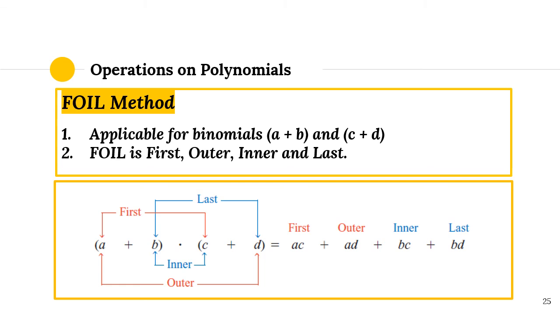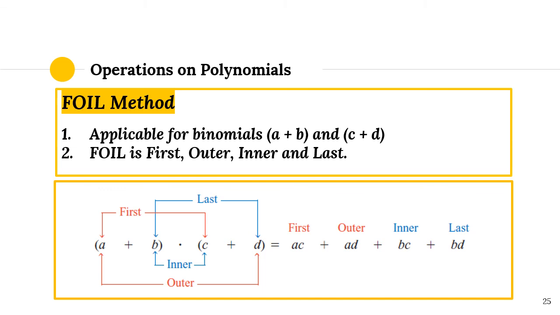In this example that we have, the first are the first terms. So we have a times c, and then plus we have outer. So the outer is a and d, ad, plus the inner, b times c, plus the last terms, b times d. This method is supposedly powerful in allowing you to mentally compute for the product of two binomials.